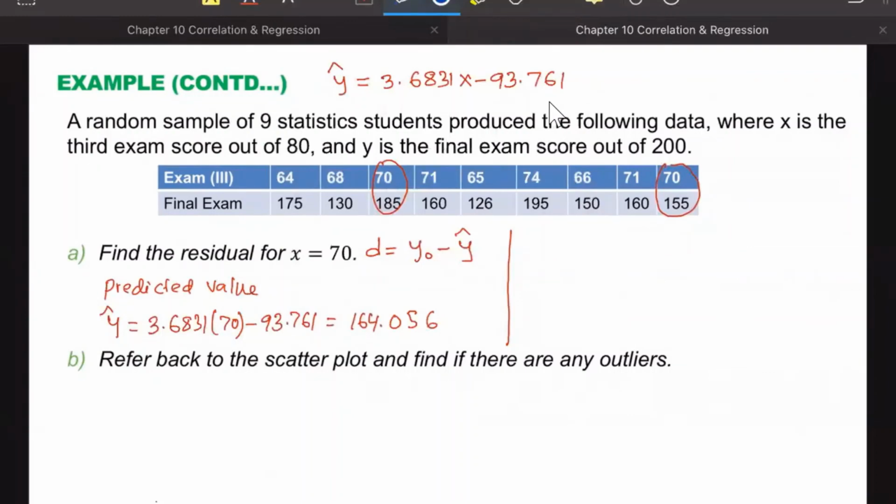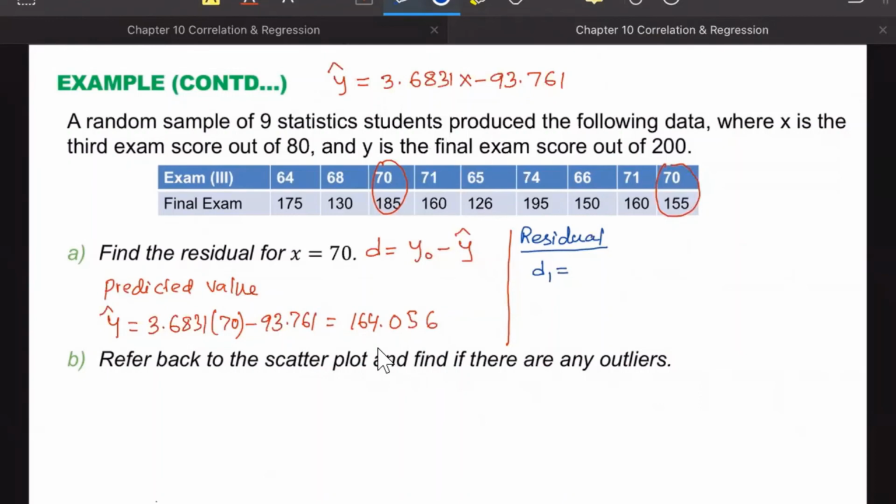Okay, now let's find the residual. We have two observed values, so we'll definitely get two residuals. I'm going to call the first residual D1, equal to the observed value minus the predicted value.